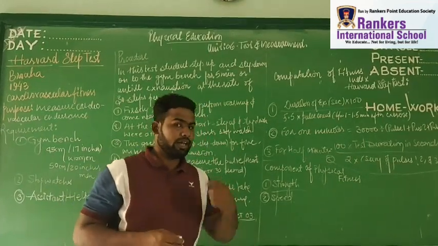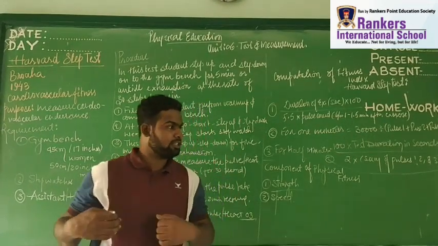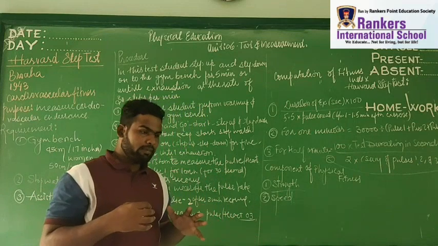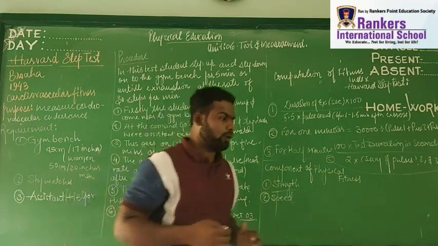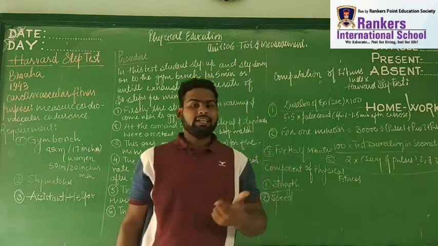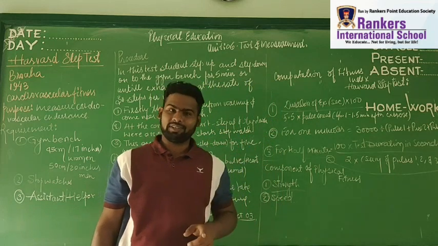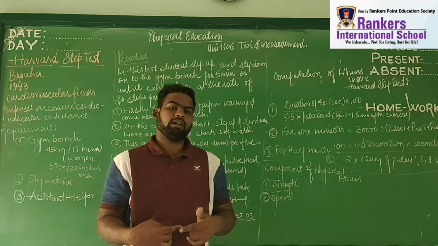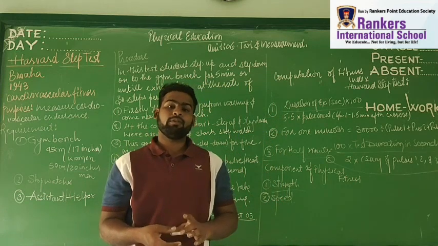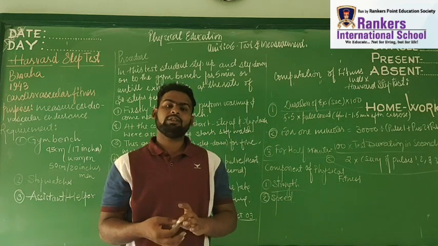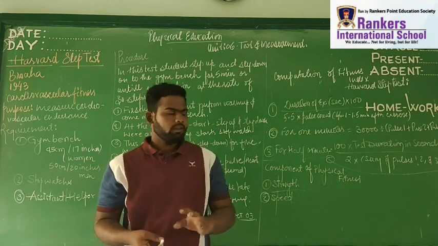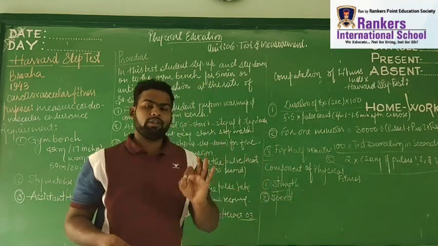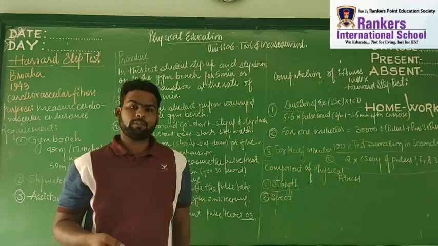I start running as soon as the whistle is blown. When I bring my body into action, when I start running, that is reaction time. Then there is the acceleration zone, when I enhance my speed, and finally the speed of movement, until we finish the race. So speed is the ability to perform movement as fast as possible.